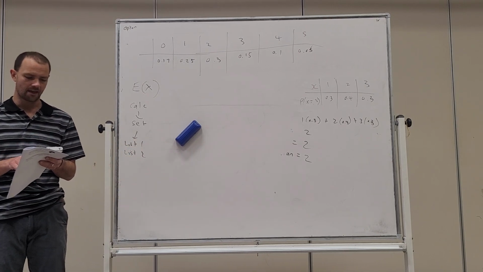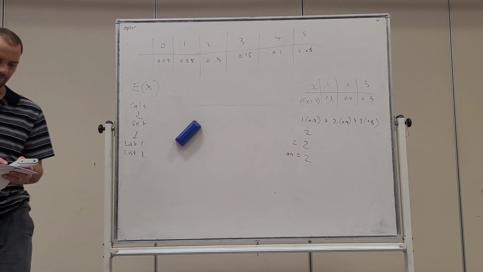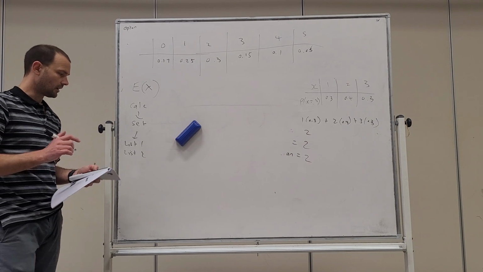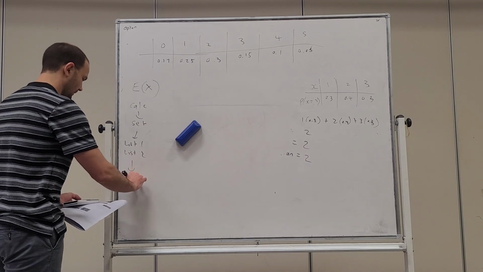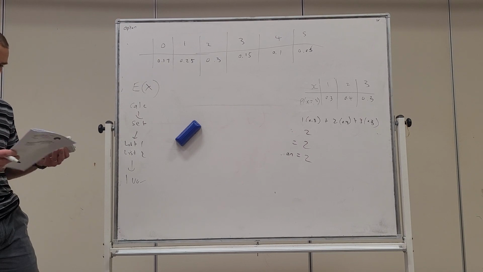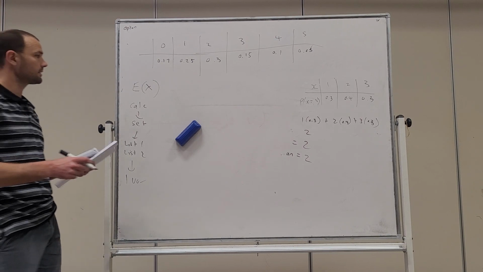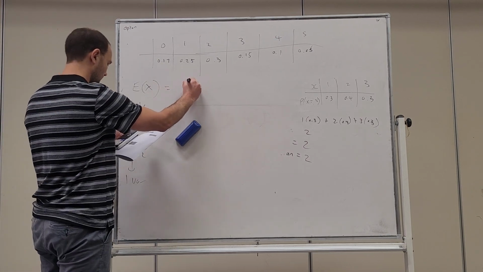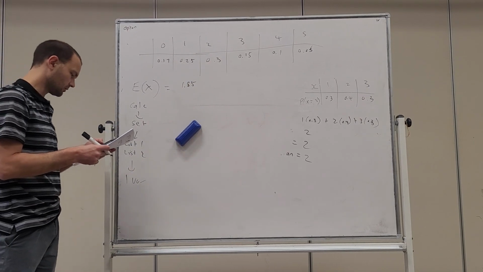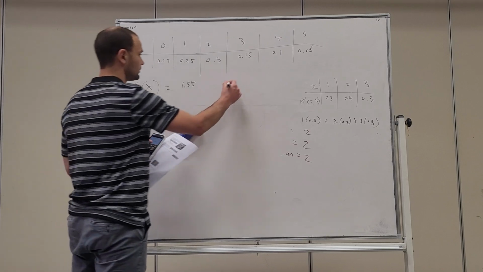The 1 var X list, list 1. The 1 var frequency, list 2. And then we're just calculating the 1 var. It's going to bring up the mean. Now what are we after? It wants E of X. Yep, the mean, 1.85. It wants the standard deviation of X, which is 1.314.